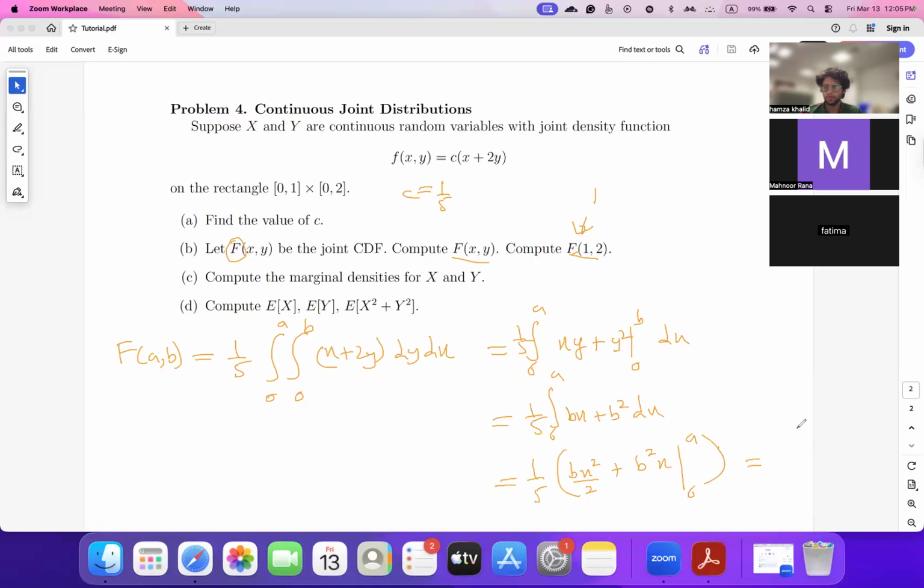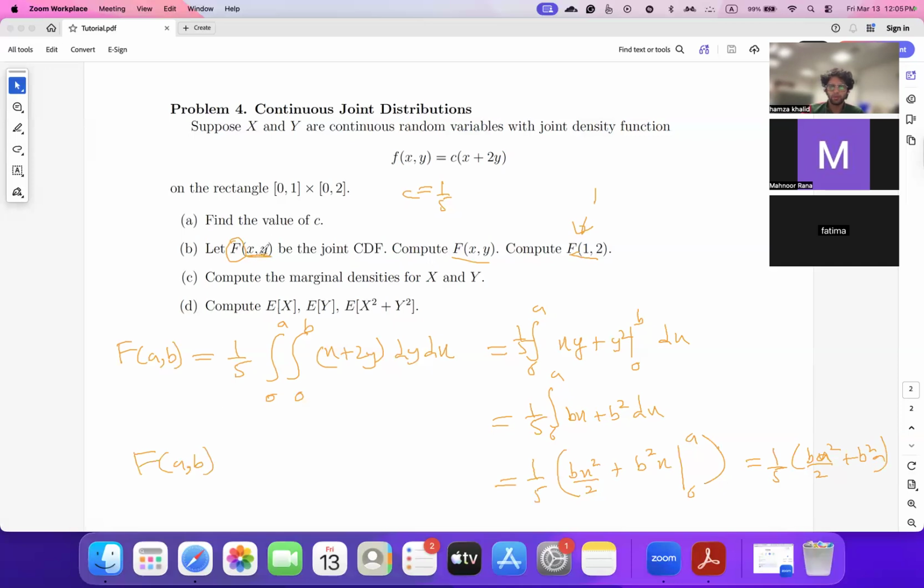So what is this equal to? 1 by 5, x squared is a, so that's just b a squared by 2 plus b squared a, right? This is my F of ab.